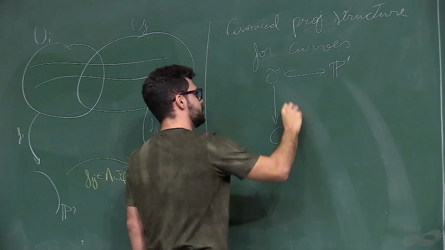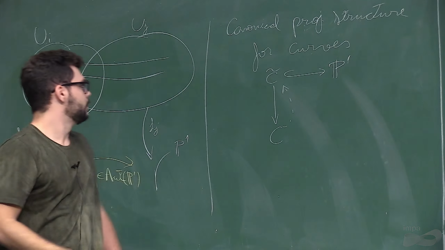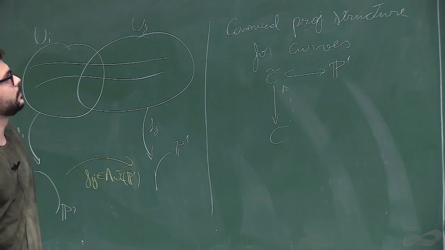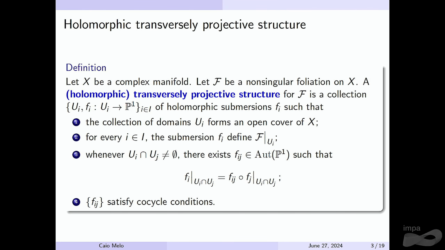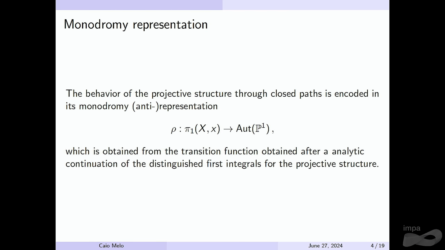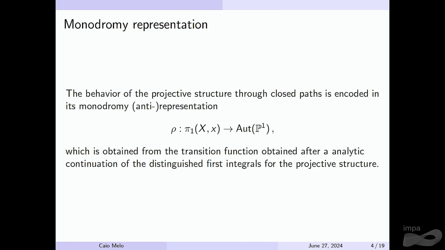And by taking local sections here, you can construct your canonical projective structure. This will be useful for us. So associated to this structure, we have the monodromy representation, which is basically taking those transition functions around a loop, which is a very important tool for our work.